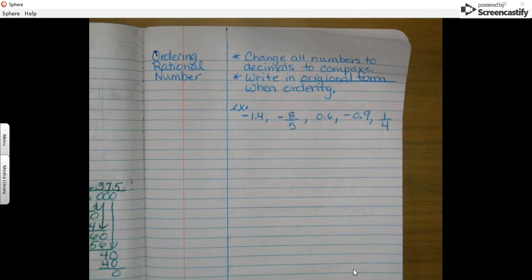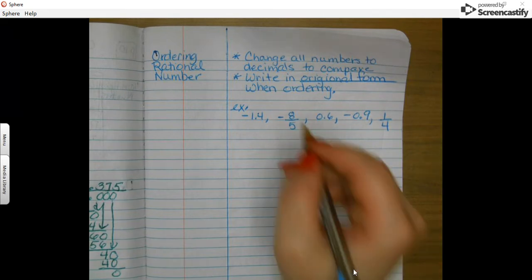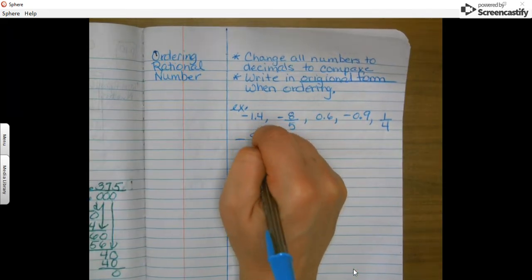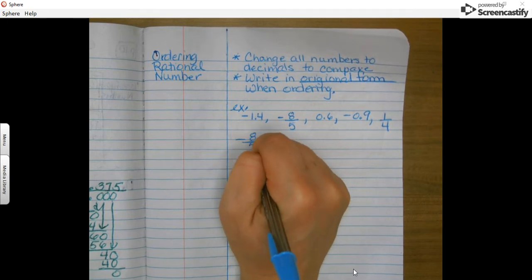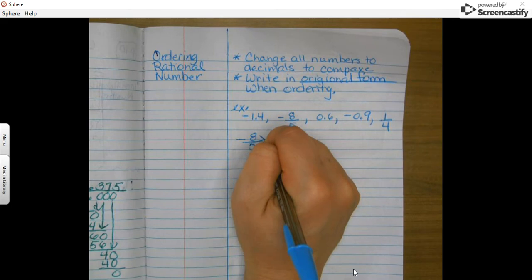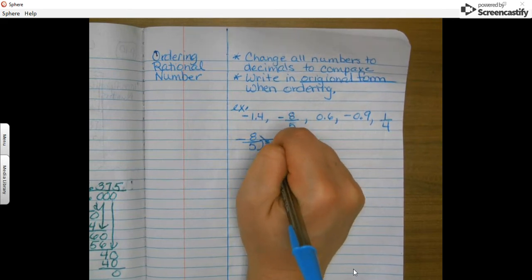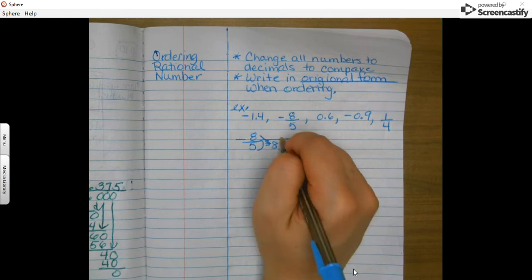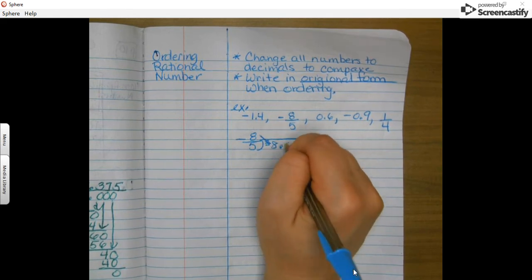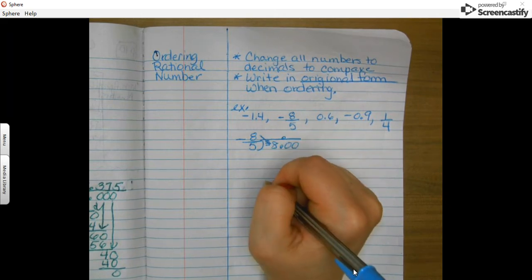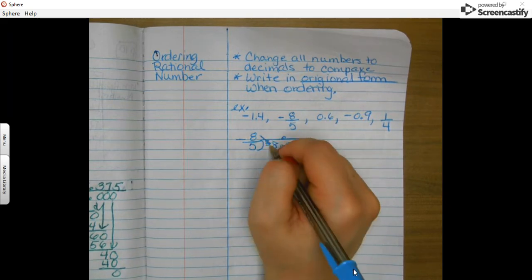So let's start with the negative 8/5. I've got negative 8/5. I'm going to turn that into my long division. I'm going to pull down the 8, right? I'm going to put a decimal point and some 0 placeholders in. I'm going to throw that decimal point up into my top answer. How many times does 5 go into 8?